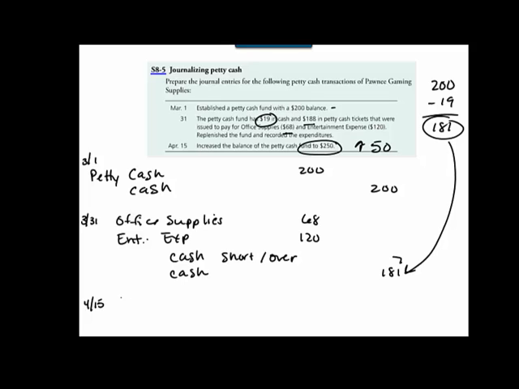So the journal entry to do this is a debit to petty cash and a credit to cash for the amount of the increase. If I did this for $250 and it already had $200, that would bring it up to $450, and that's not what I want to do. So I'm going to just make my adjustment here for the difference, and that will be the $50.